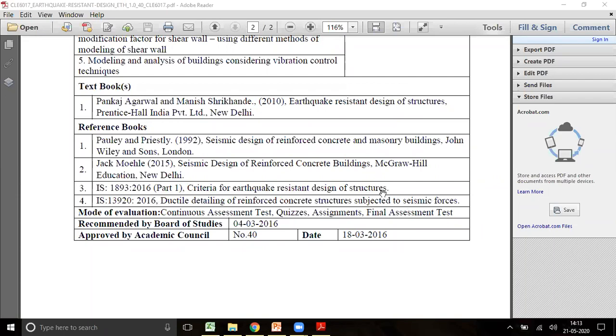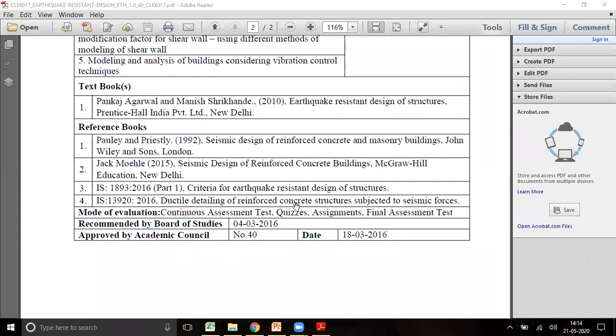Okay, so this will ensure ductility of the structure. Okay, so if you estimate the seismic forces based on 1893, and design your RC structure based on IS 456, then it will not ensure the ductility of the building.